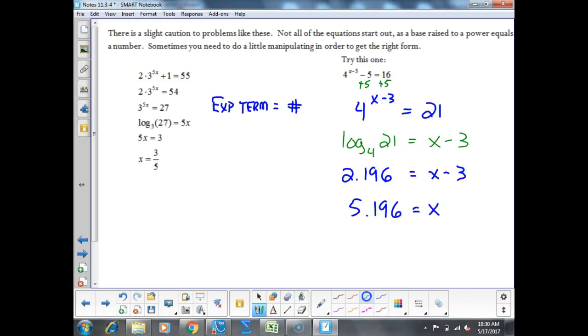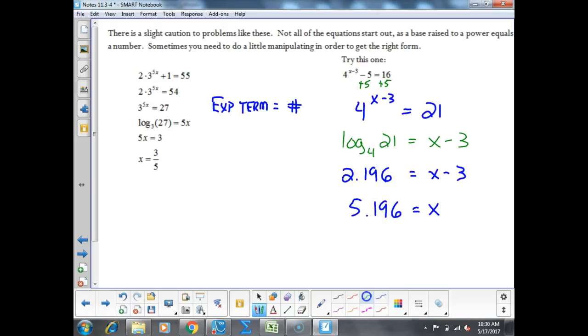Right? Logic now says, okay, 5.196 minus 3 is going to be something a little bit bigger than 2, right? 4 to the power of something a little bit bigger than 2 is going to be a little bit bigger than 16, right? Minus 5 then hopefully gets me 16. Yes? Okay.